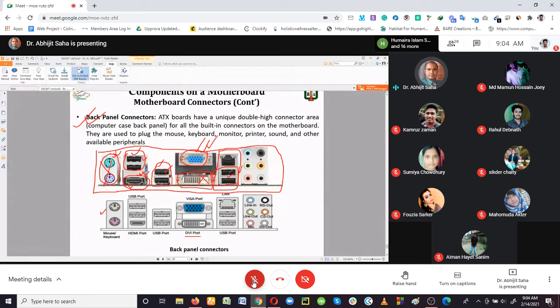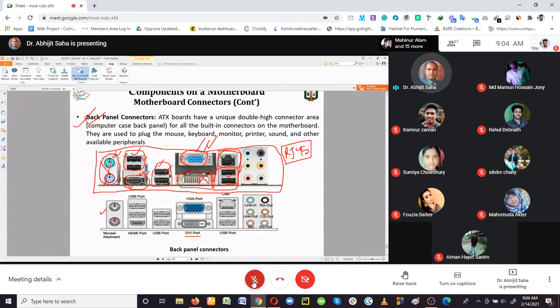So here, this is what we are talking about. This is the USB port where you are able to connect different USB devices, and this is the port that is known as the LAN port. The connector you connect here is called the RJ45 connector, or sometimes the LAN connector, right?